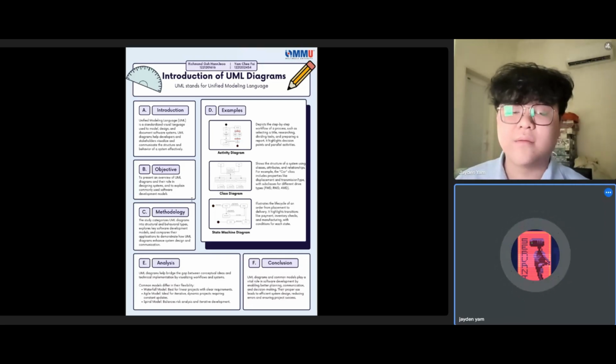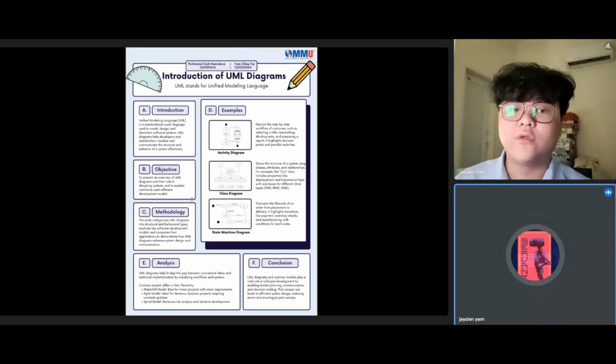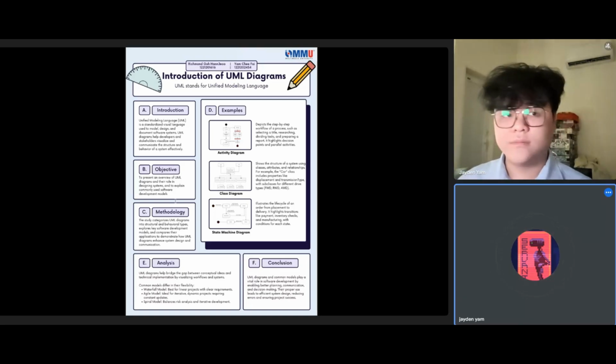It could also have subclasses to represent different drive types such as front wheel drive, rear wheel drive, and all wheel drive. By visualizing the relationships and properties of the classes, developers can design the system in a more modular and organized way.